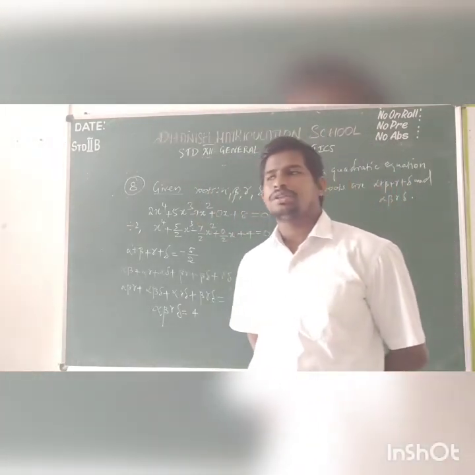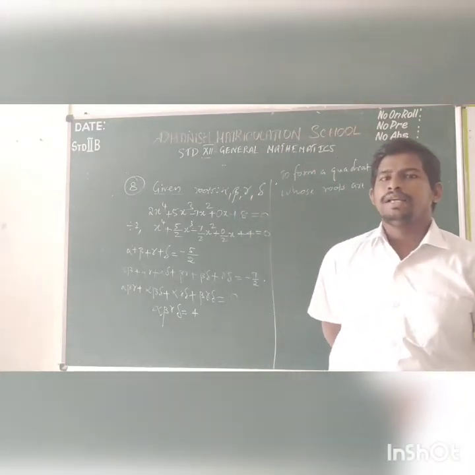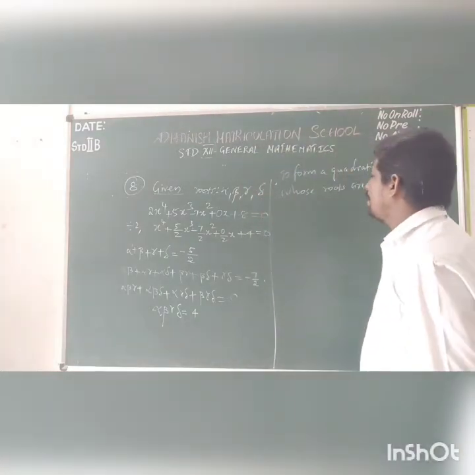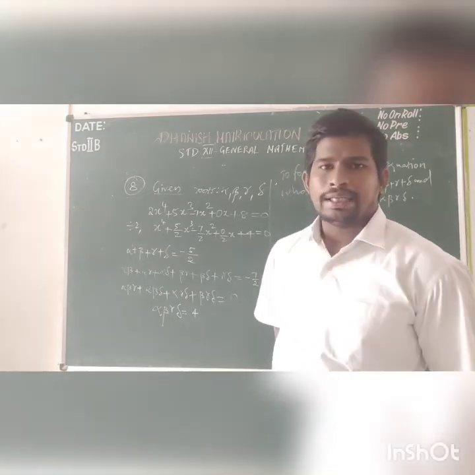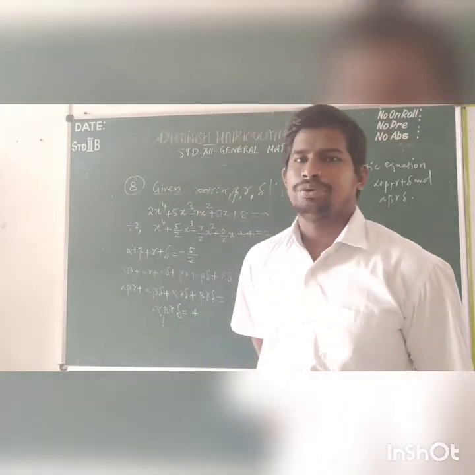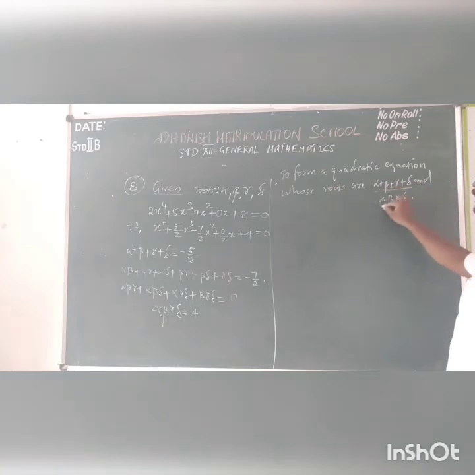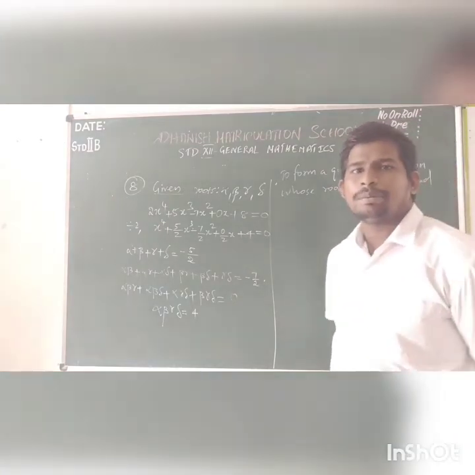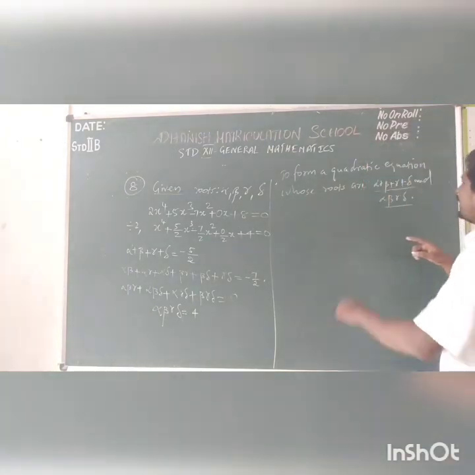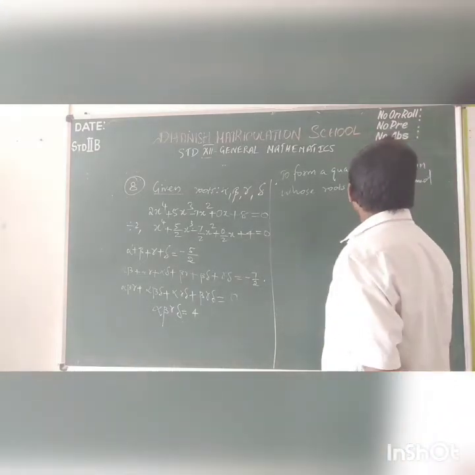What's our Vieta's formula for a quadratic equation? x square minus sum of roots into x plus product of roots equal to 0. So we should know the value of the sum and product of roots. Here our roots are alpha plus beta plus gamma plus delta and alpha beta gamma delta. So now I am going to find the sum of these two roots as well as the product.